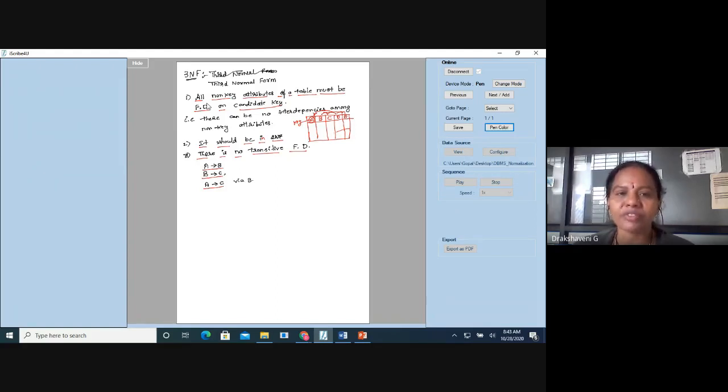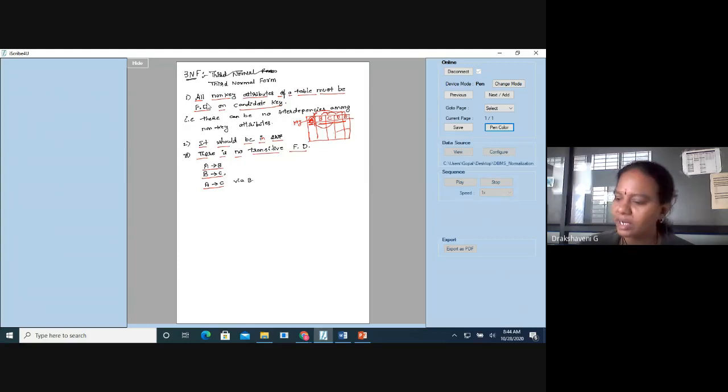Then the first point says, all non-key attributes. Now suppose A is the primary key in this table. Then the other columns B, C, D and E are non-keys, and all these non-keys of a table must be functionally dependent on the primary key.